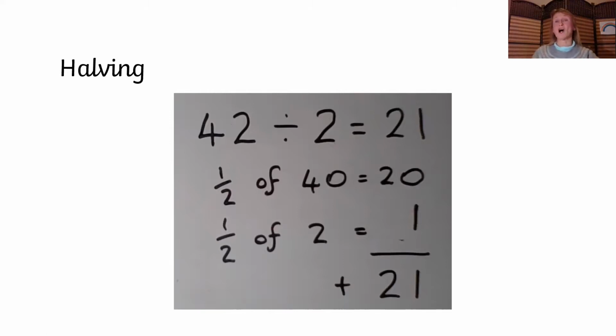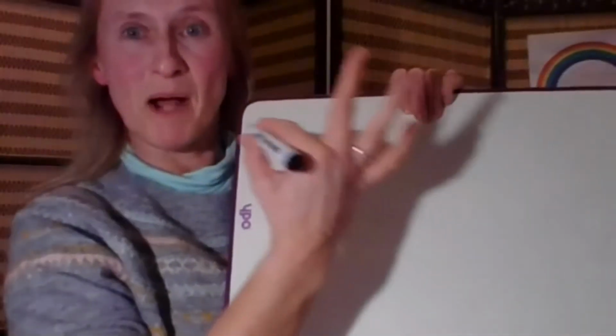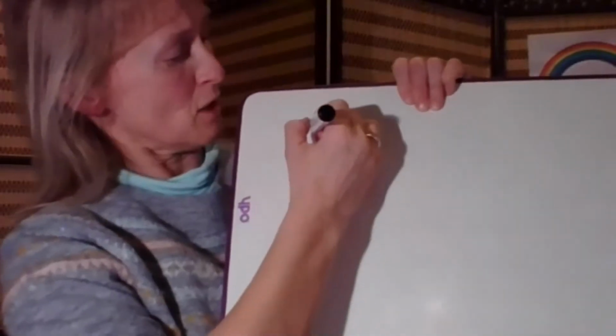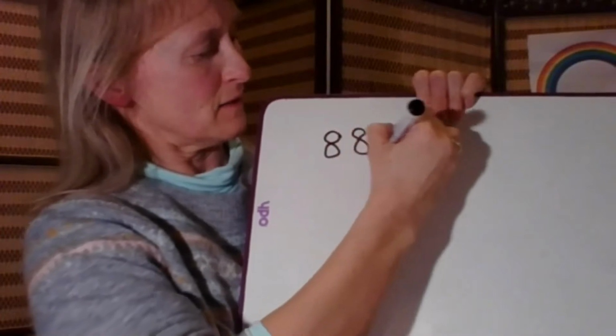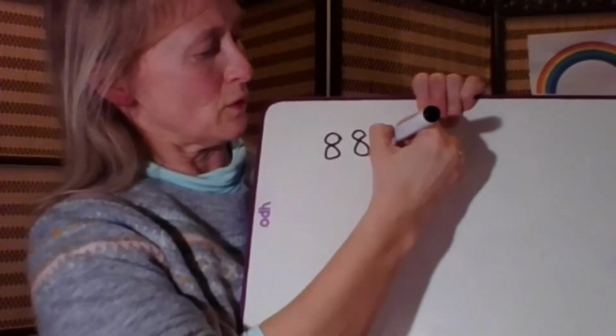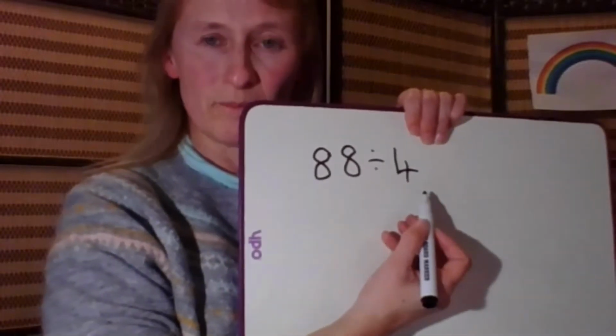But I can use halving for some other calculations as well, because let's see if you can see my board well enough. If I'm dividing by 4, okay, so let's try 88 divided by 4. Okay, so I'm going to divide this number by 4.